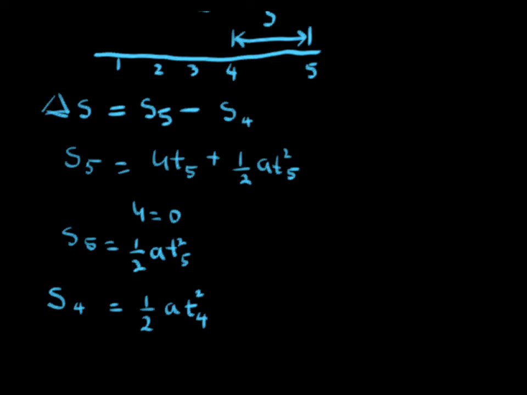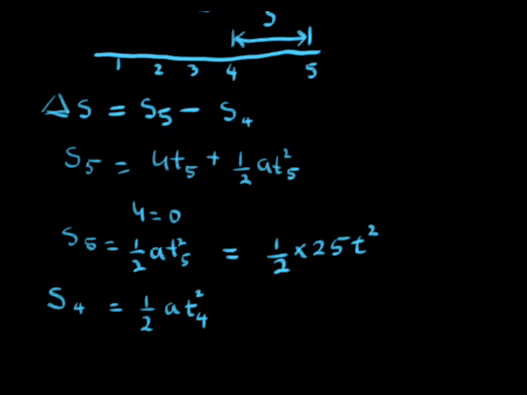And I can go ahead and write 1 over 2 times 25 t square, since we know our acceleration is 25 meters per second square. Let me write this t properly.